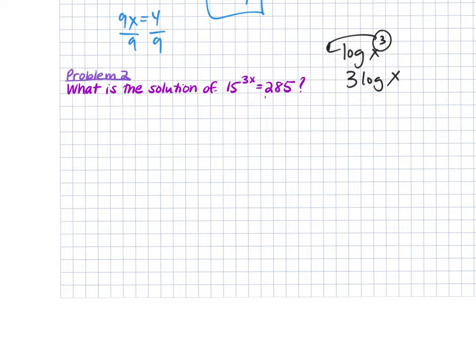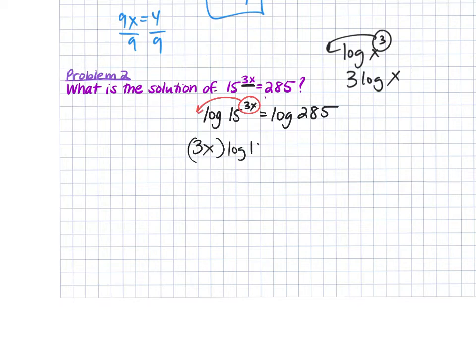So to get your x down, we're going to take the log of both sides. We write log of 15 to the 3x equals log 285. Because of our properties of logs, this 3x can come out to the front. So we can rewrite this as 3x times log 15 equals log 285. Then we can divide both sides by log 15.